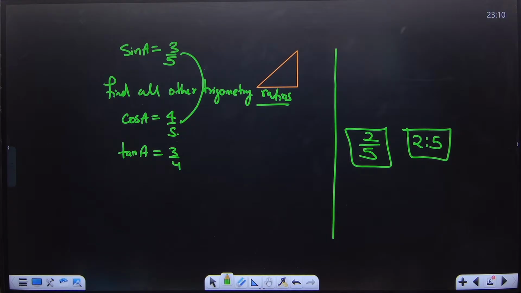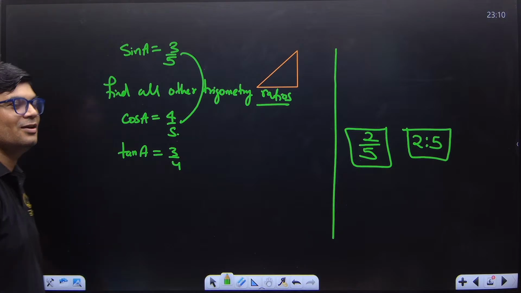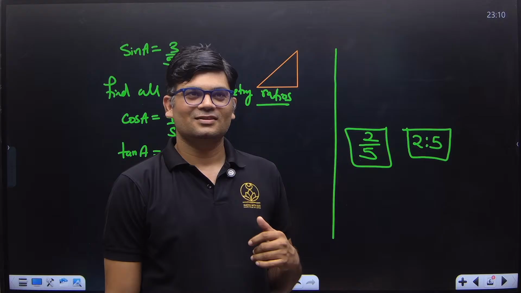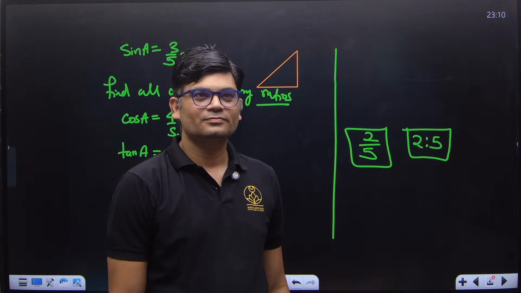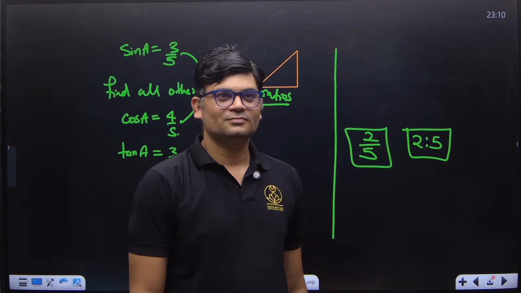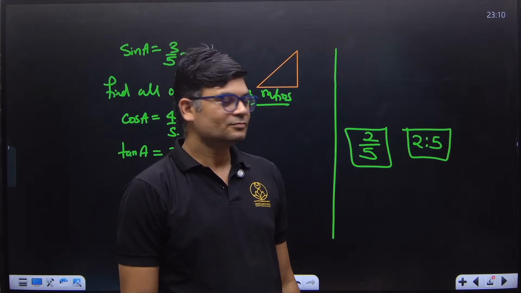What are you saying? It's like 2 to 5 is 2 over 7 and 5 over 7. Okay. 2 over 5 is 2 over 5.